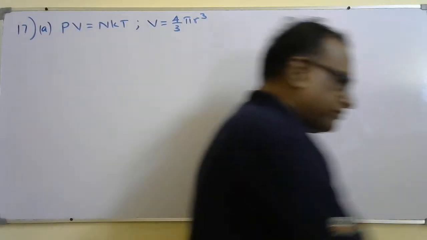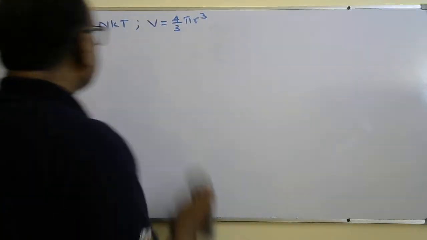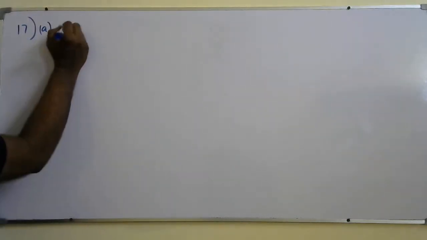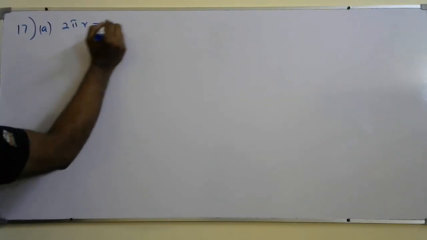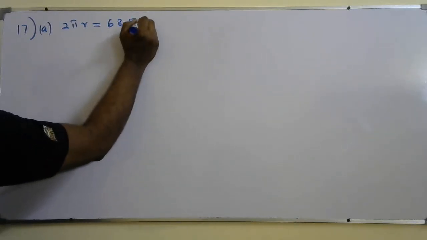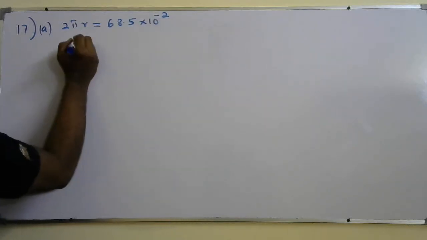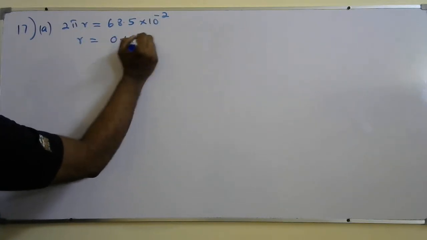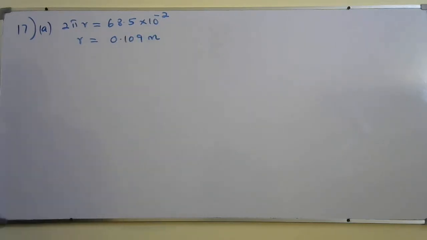So first we'll find the radius using 2 pi r, the circumference, which is 68.5 centimeter, converted to meter. From that find r. So r is going to be 0.109 meter.